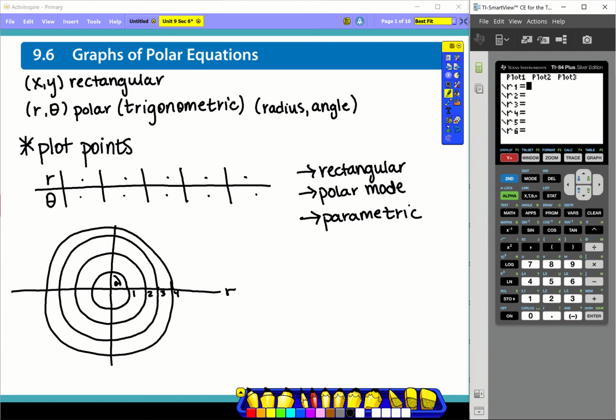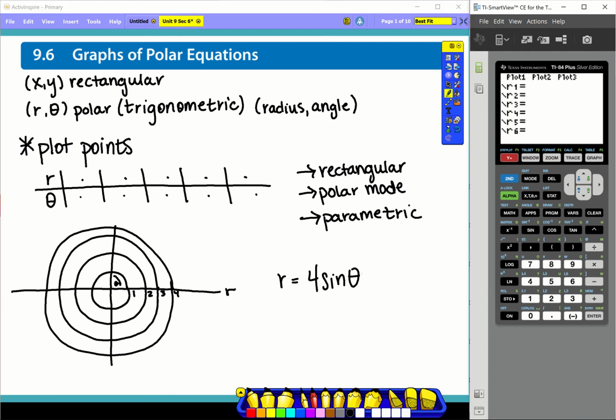Now, if I were to give you this equation, r equals sine theta, or actually let's make it a little more difficult. So we're going to have r equals 4 sine theta. We'll go with that one.